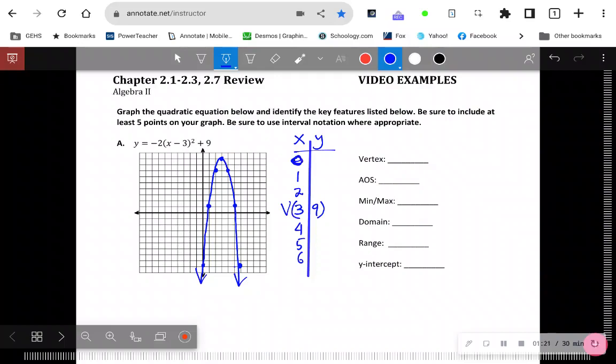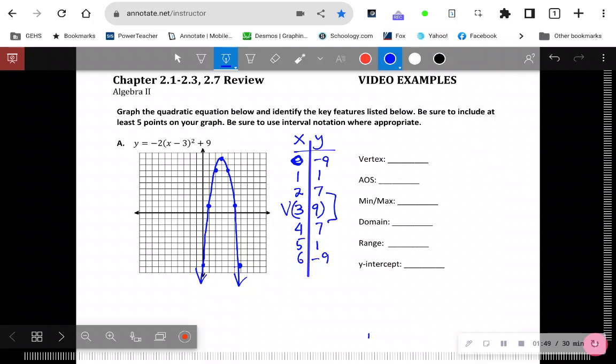And if you type that in and go to your table, you'll get negative 9. That's this one right here. And at 1, it goes 1, 1, 2, 7. And then you see the symmetry you're expecting on the other side, 7, 1, and negative 9. If you don't see the symmetry where we got matching values on either side of that vertex, then in all likelihood you've got the wrong vertex.